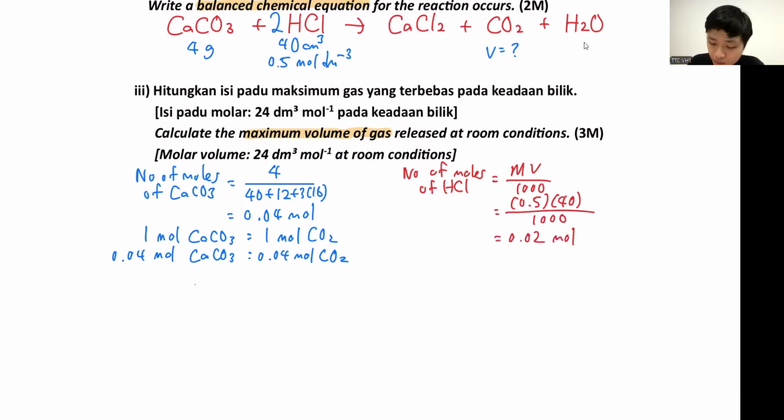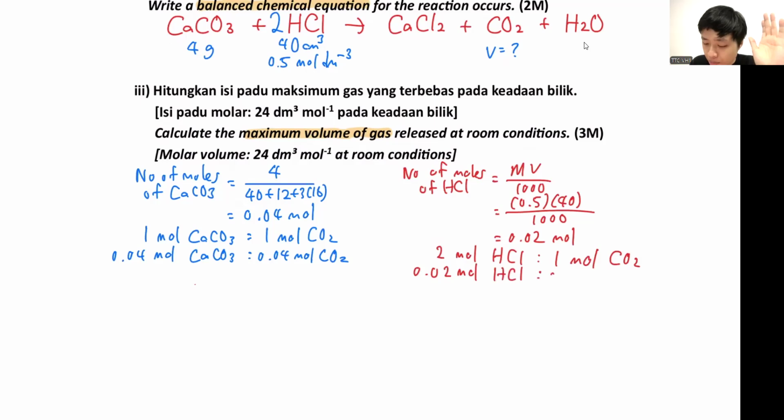Okay, and then the ratio is 2 moles of acid to 1 mole of gas. So 0.02 divided by 2, you will get 0.01. So obviously, now you can see already, calcium carbonate is in excess. We normally don't use the excess value. We use the limiting factor. So that's why we use this.